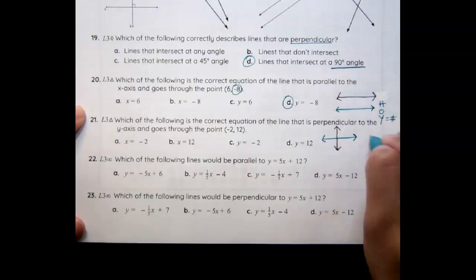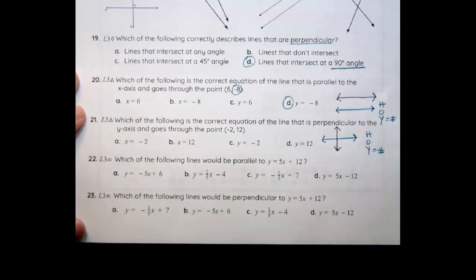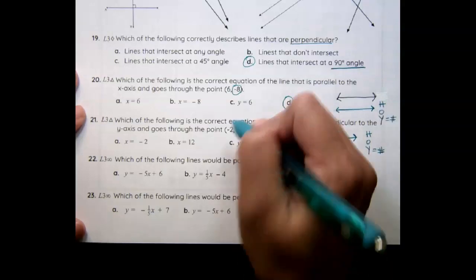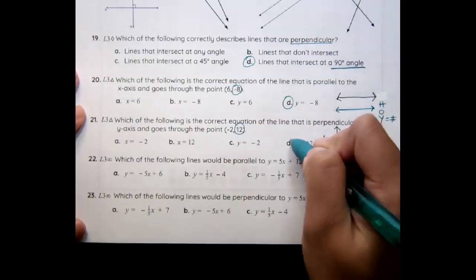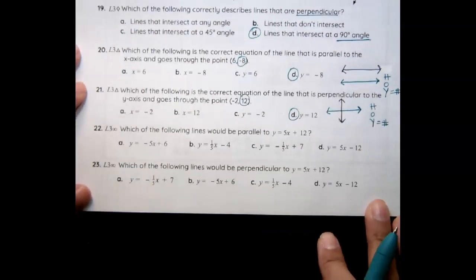This line is horizontal, so again, I'm going to use Hoy. Y equals a number. Well, in the ordered pair, the y value is 12. So my answer is D. So you've got to be careful with these, because Hoy-Vux is something easy, but you guys get it confused.